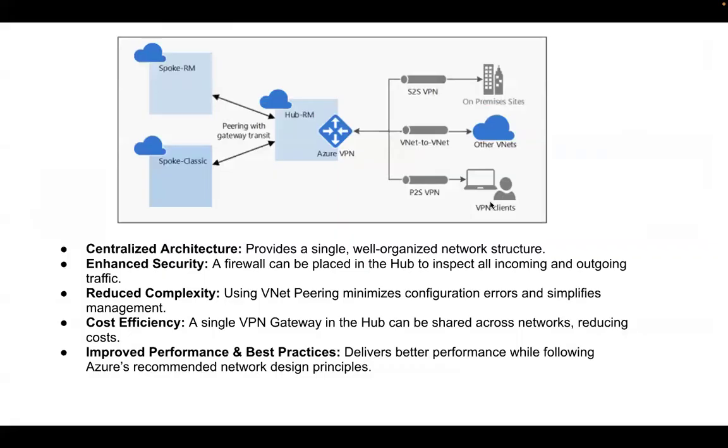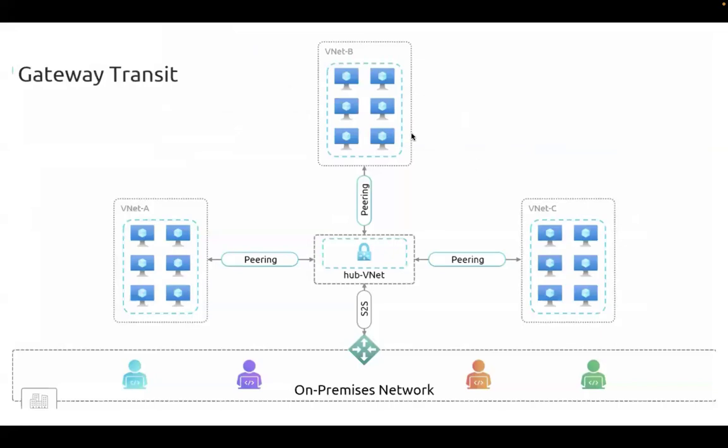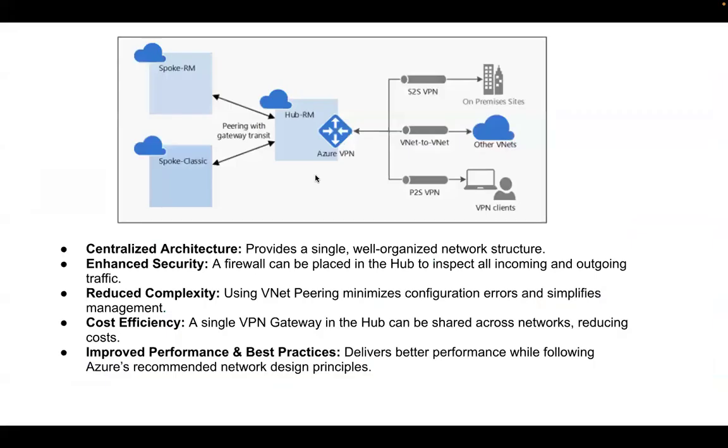This is another diagram which I have taken from Microsoft Learn. We have VNet A, VNet B, and VNet C. Here they are calling two of them spokes, and they are configuring one of these VNets as a hub.